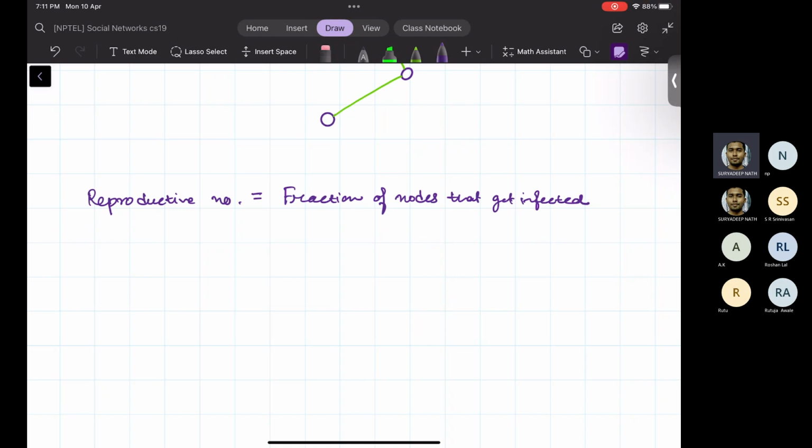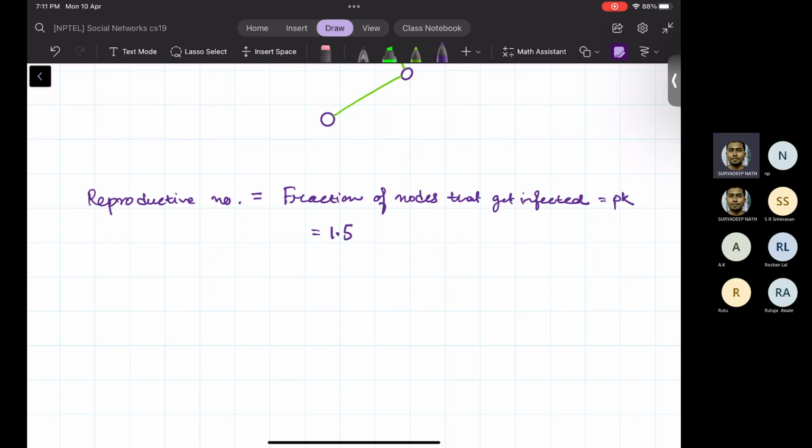So that is equal to P into K. K is the total number of nodes that could have got infected, and P is the probability of infection. So PK is the expected number of nodes that are infected. So reproductive number is that fraction. Now it is 1.5.